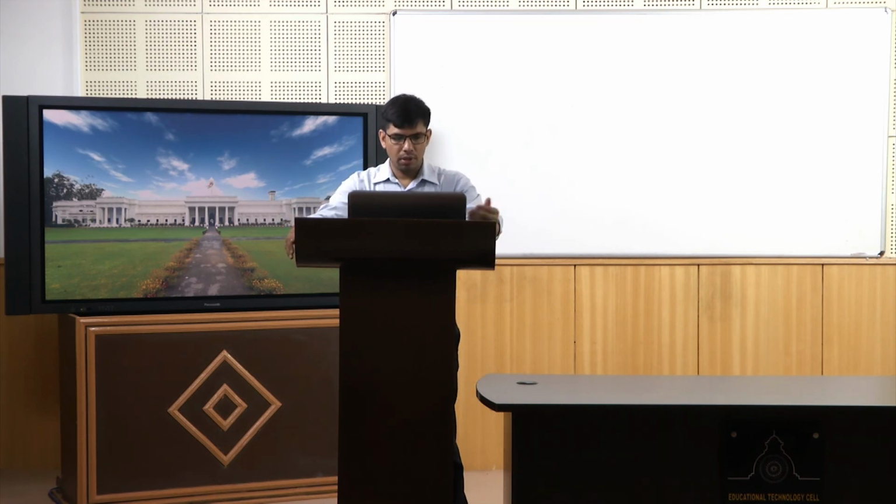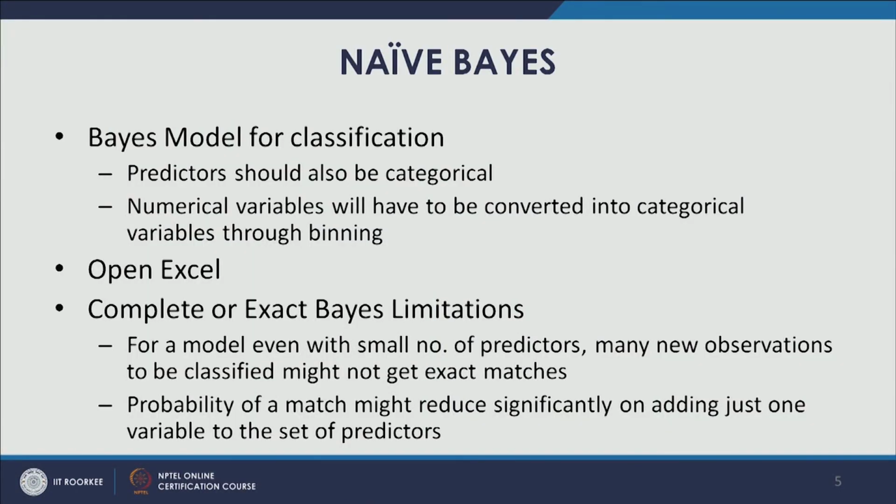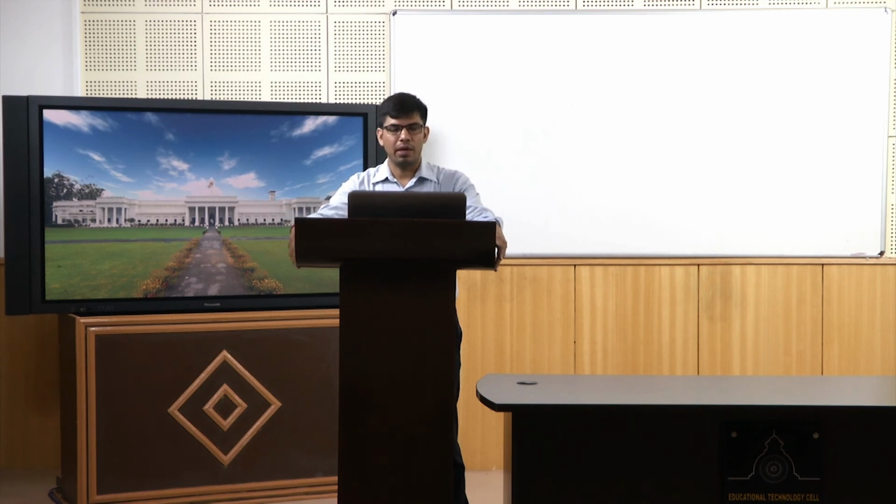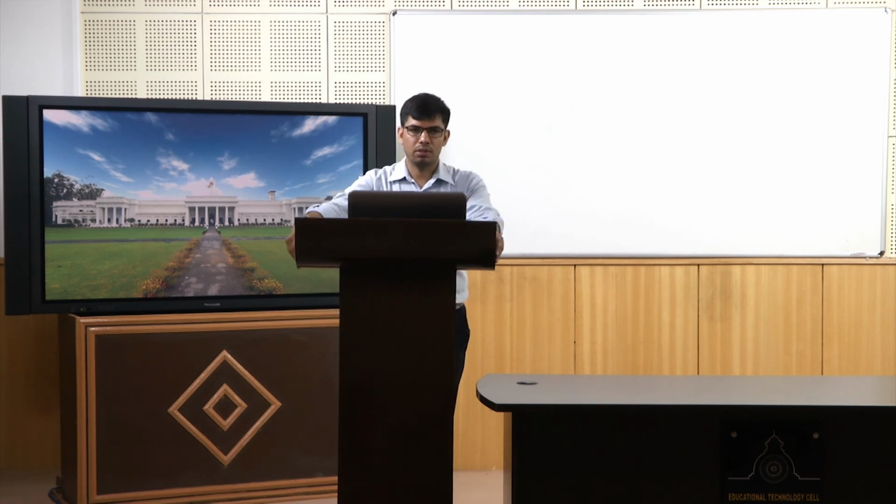The next point in the limitation is that the probability of a match might reduce significantly on adding just one variable to the set of predictors. If we add just one additional predictor, and that predictor has just 2 classes occurring with equal frequency, then that would reduce the number of exact matches by a factor of 2, right?